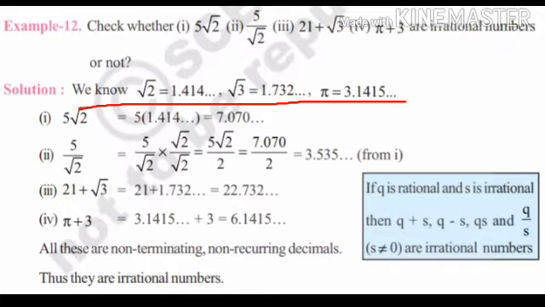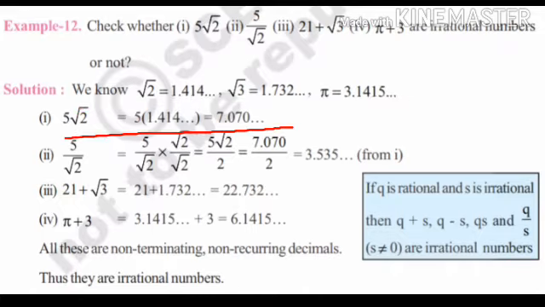We know root 2 is equal to 1.414 and so on, root 3 is equal to 1.732 and so on, pi is equal to 3.1415 and so on. So the first question solution, 5 root 2 is equal to 5 into 1.414 and so on, that is equal to 7.070 and so on.